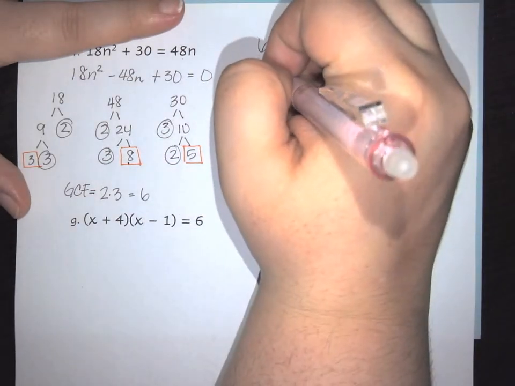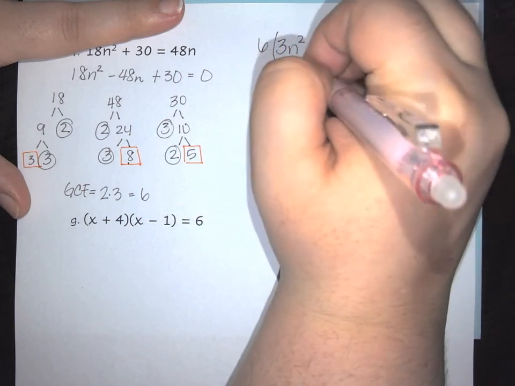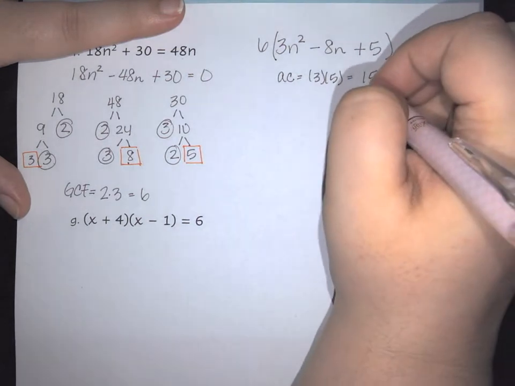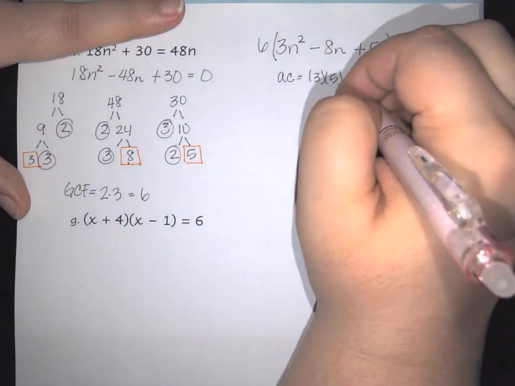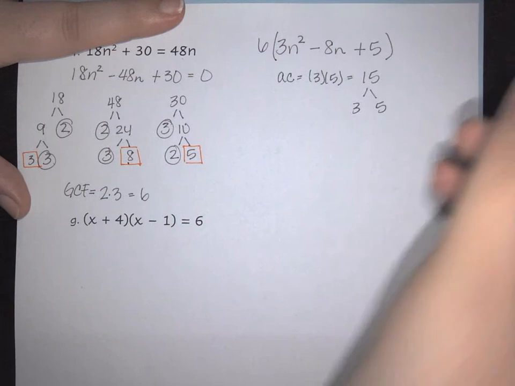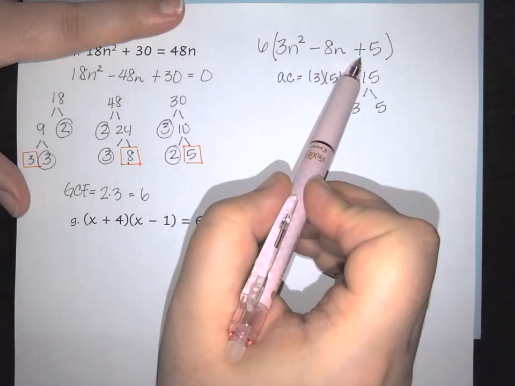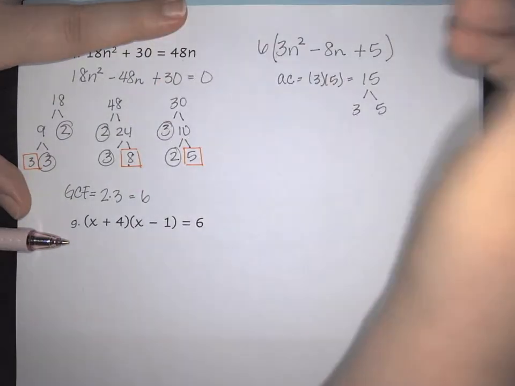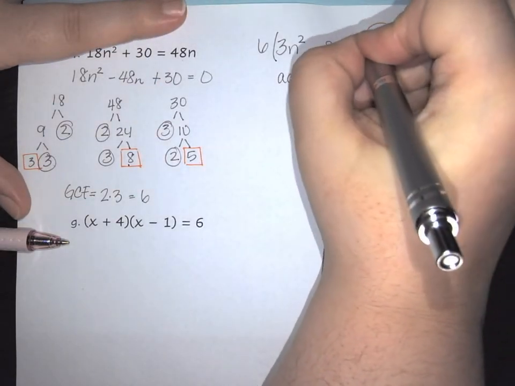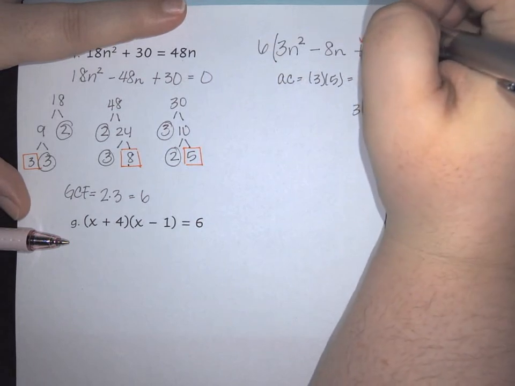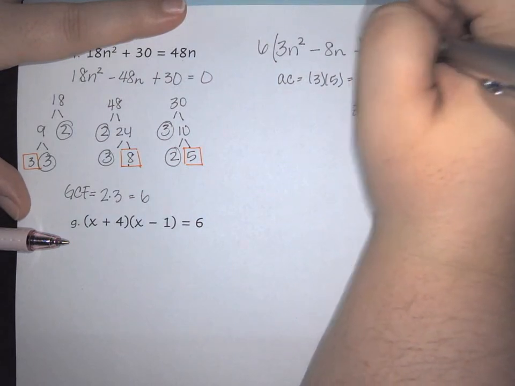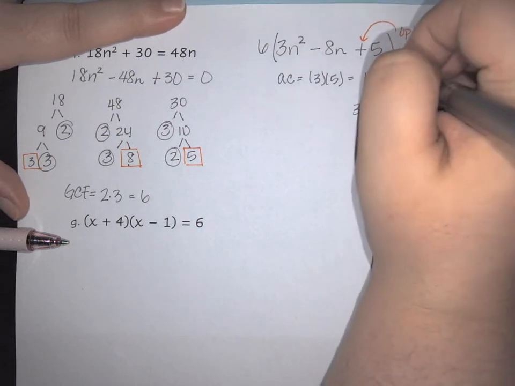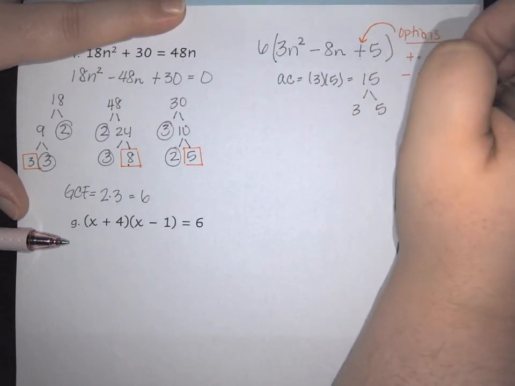So in this case, my AC is going to be 3 times 5, which is 15. I need factors of 15 that give me 8, so I have 3 and 5. Since my back term is positive, what that means is that I have 2 options to choose from. So again, this back term here tells you the options. So in this case, I have positive times positive equals positive, or negative times negative equals positive.